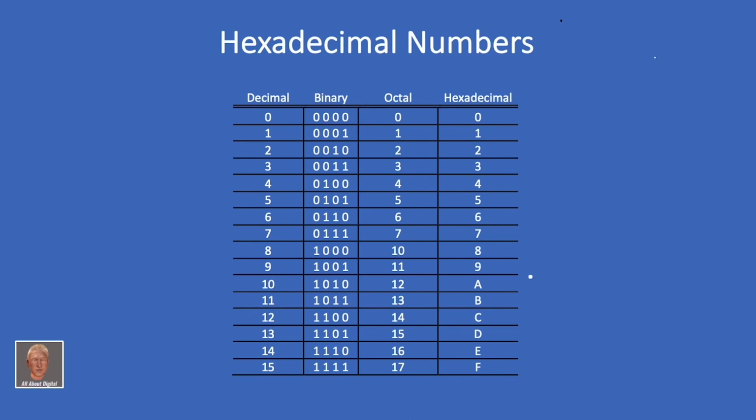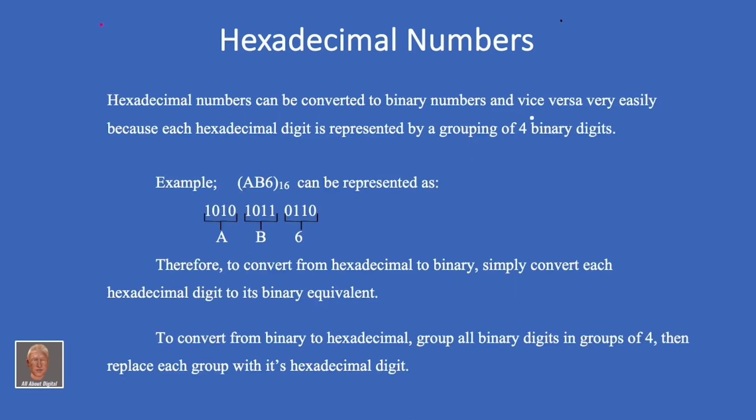Now when we get to 9, we need another unique digit. So we start with the letters A, B, C, D, E, F. So that's the final digits that make up the hexadecimal number. The binary numbers go from all zeros to all ones, and the decimal equivalents go from 0 to 15. Let's look at an example here.